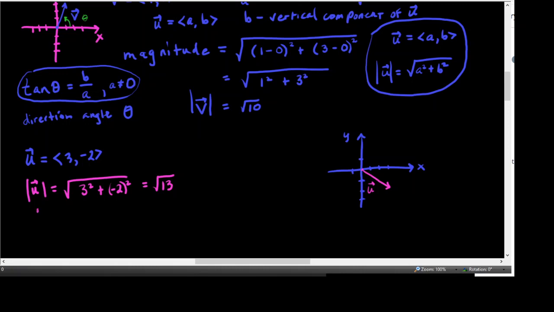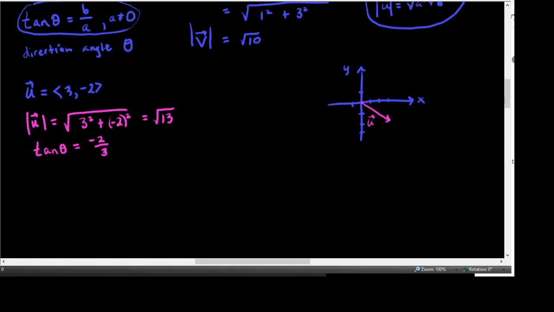Okay, then the tangent of theta is b, which is -2, over a, which is 3. And so to find theta, we would find the tangent inverse of -2/3.